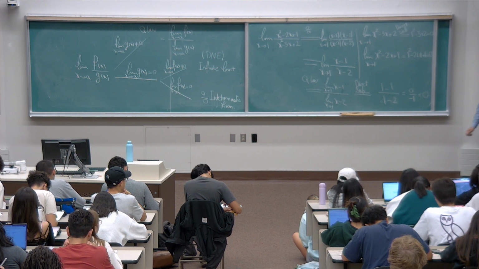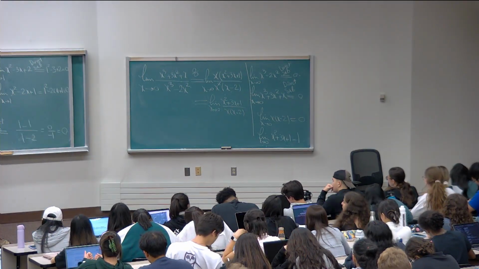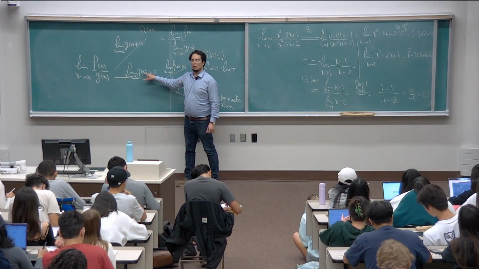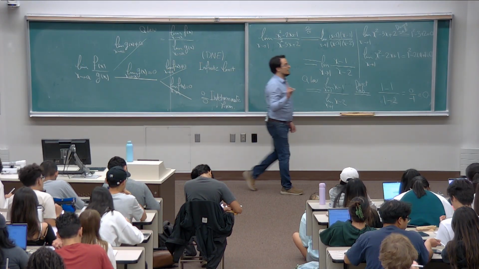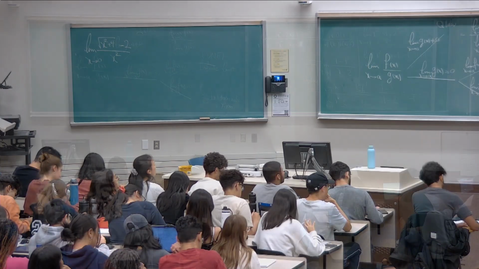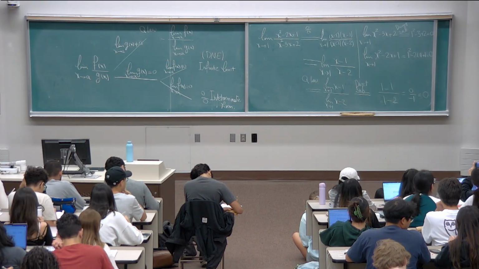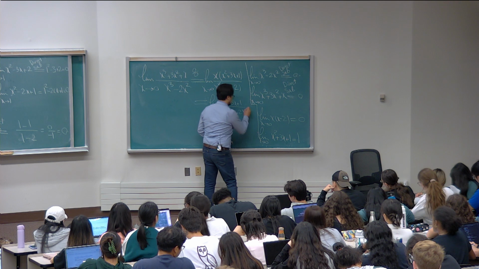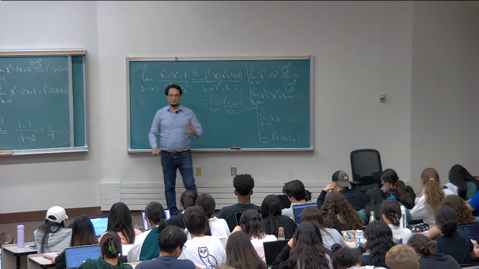It is non-zero. So limit of the denominator 0, limit of the numerator non-zero. Then we are dealing with infinite limits. So if I want to be a little bit sloppy, I'll just do this. This is either plus or minus infinity.